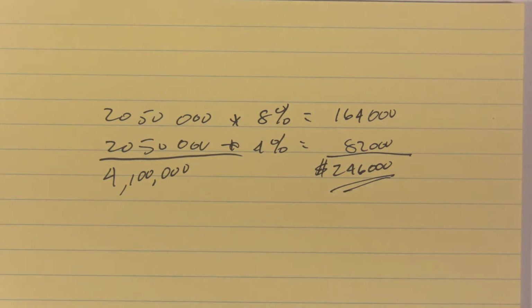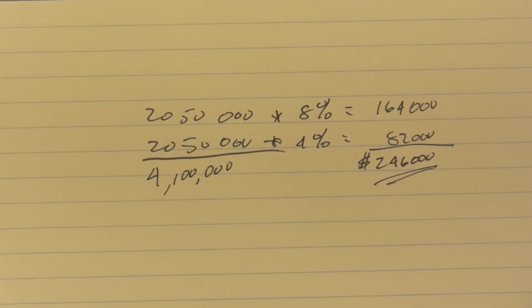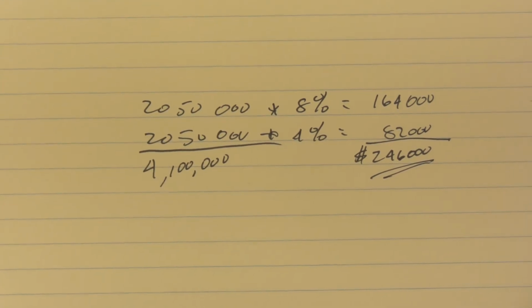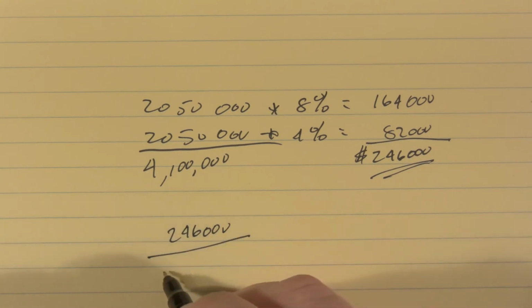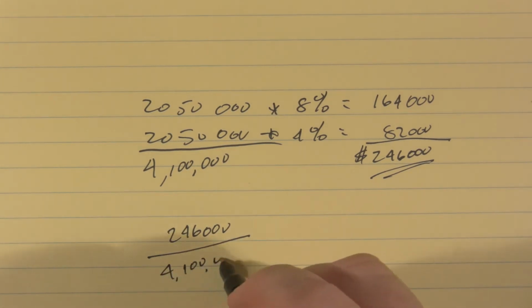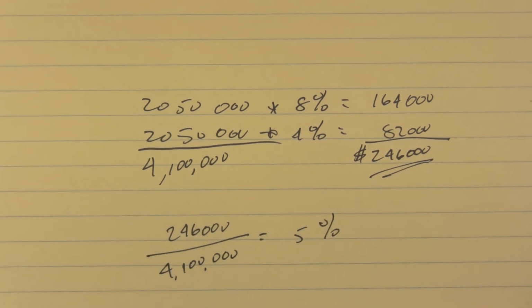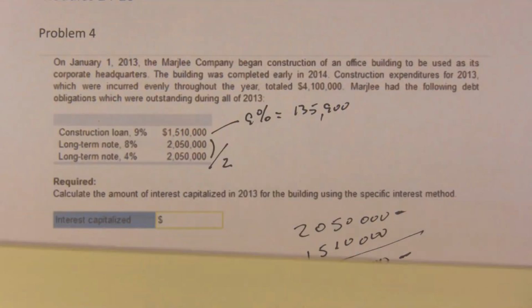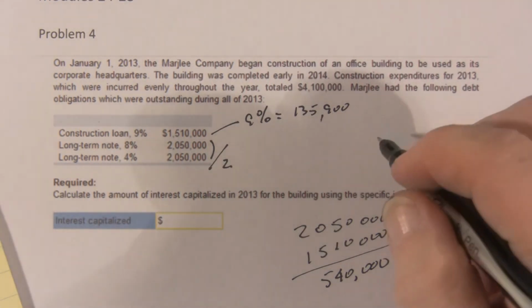We paid $246,000 interest. How much is that? What is the weighted average interest rate? 246 divided by 4,100,000, 5%. So we'll take that 5% times this 540.